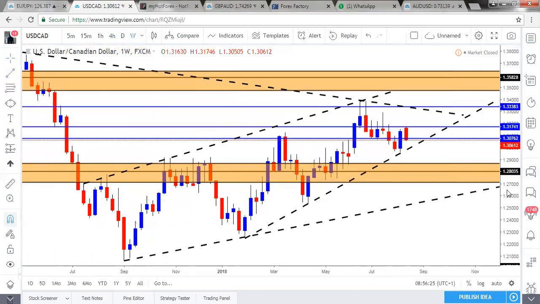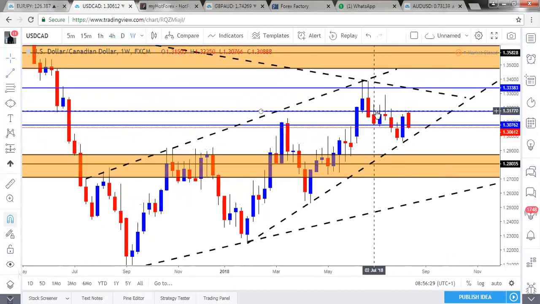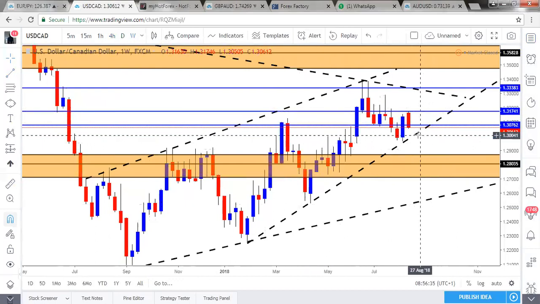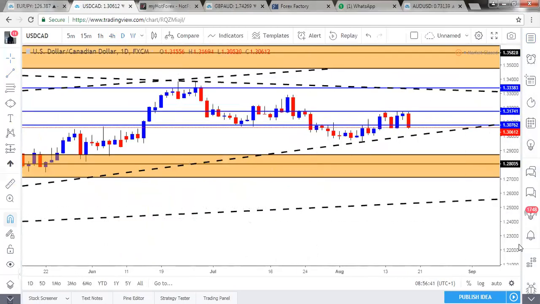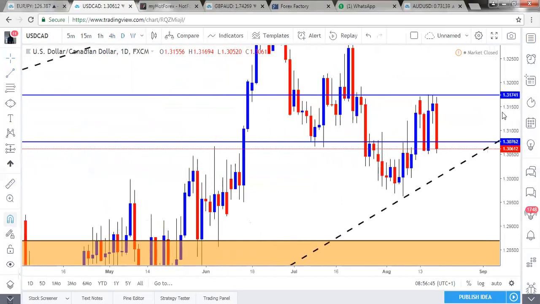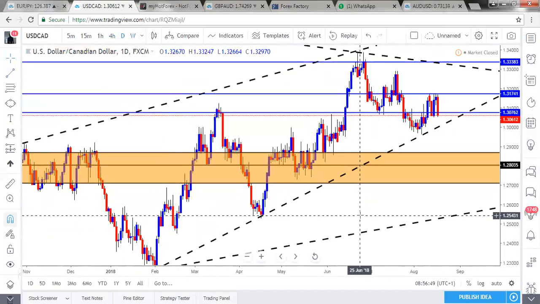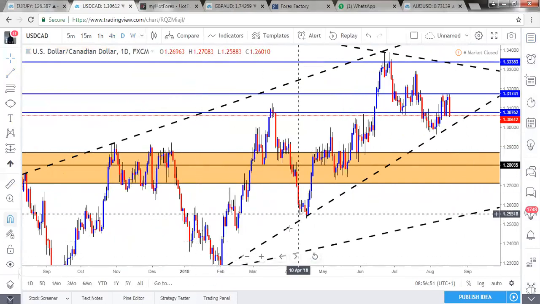Now the next one I'm going to be looking for is the pullback. So you need to go to a lower time frame because you're not going to trade off the weekly except you're a swing trader. So you need to go to the lower time frame to see what price is actually doing. So I'm going to go to the daily, and then I can see, okay, whenever price gets to this trend line, it bounces up.